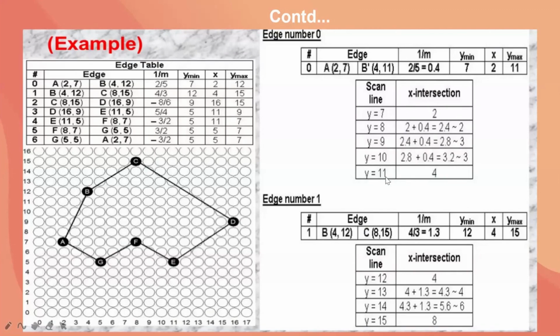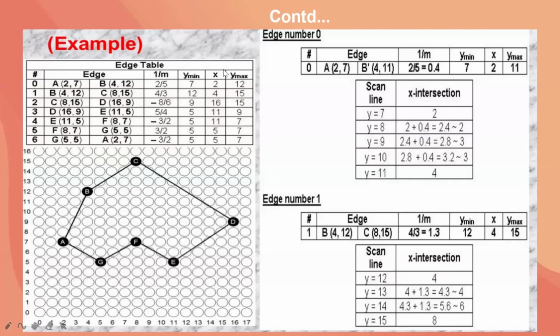Next, y equals 11: take 3.2 plus 0.4, which will be 3.6, approximately 4. It means that we have reached this 4. We should not go to 12. So to reach this 4, the y coordinate value is 11.